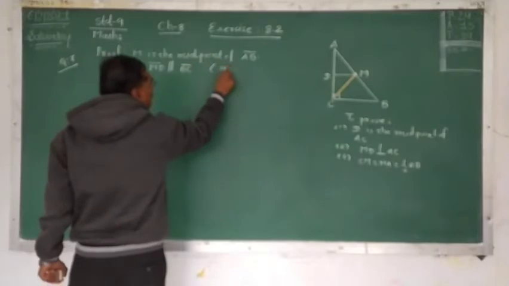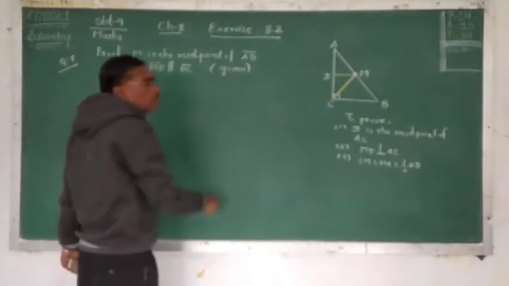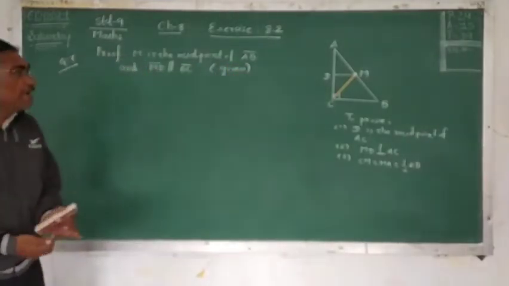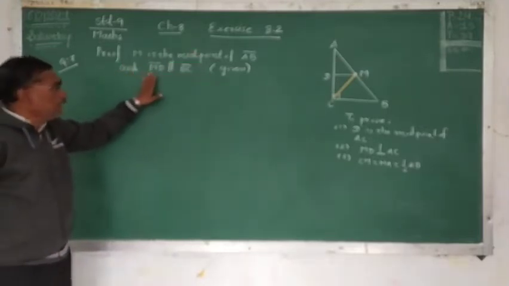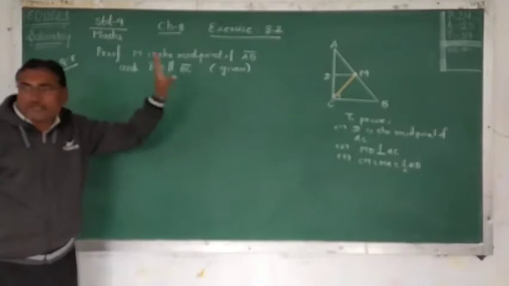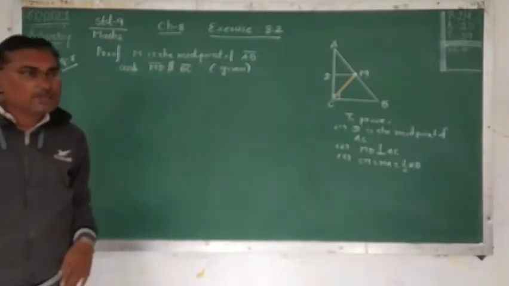It is given in the question. M is the midpoint of AB, the hypotenuse, and MD is parallel to BC. It is given in your question. Okay?